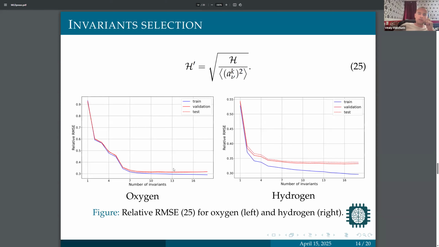They're either irrelevant or they have redundant information with other invariants, right? Yeah. For example, if we only use a few invariants, it's not sufficient to get correct accelerations, and then the loss drops and at some point reaches a minimum value that corresponds to approximately 30% error with respect to the CP2K simulation, the correct simulation. The same for hydrogen.